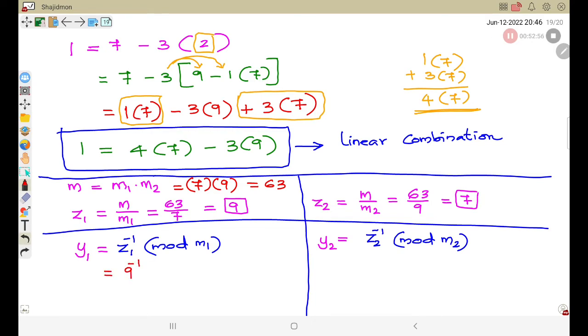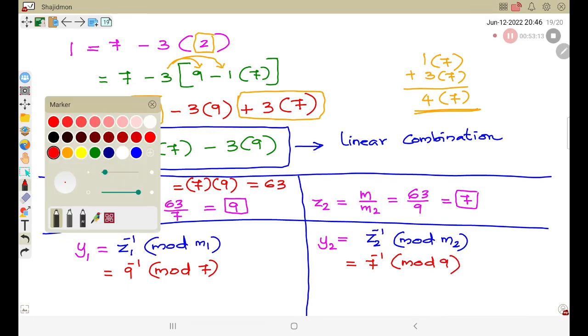Z1 inverse, so 9 inverse mod M1 means 7. What is Z2? Z2 means 7. So Z2 inverse means 7 inverse mod M2 means 9.